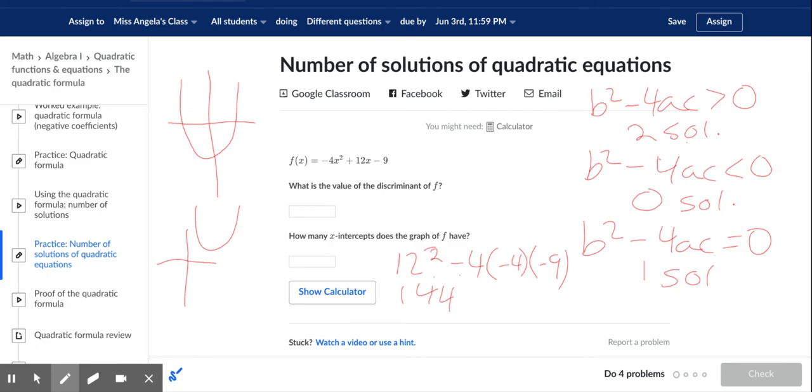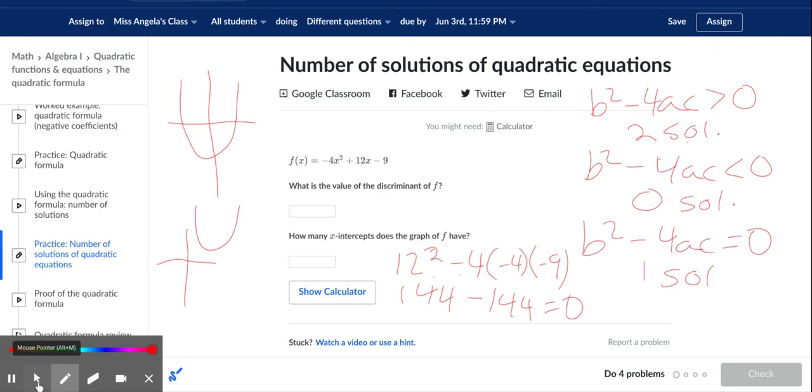Negative 4 times negative 4 is positive 16. Positive 16 times negative 9 is negative 144, which is 0. So that is this third case where I only have one solution.